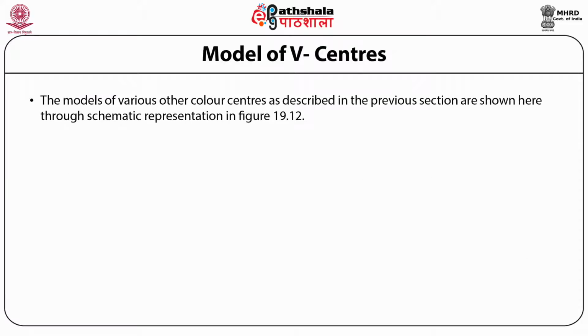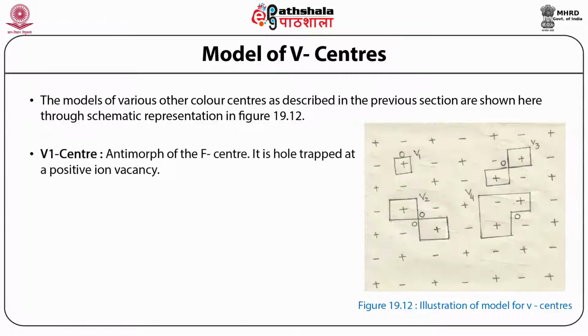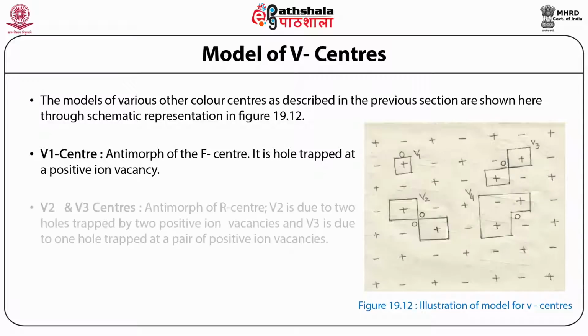Model of V centers. The models of various other color centers, as described in the previous section, are shown here through schematic representation in figure 19.12. V1 center is an antimorph of the F center. It is a hole trapped at a positive ion vacancy.